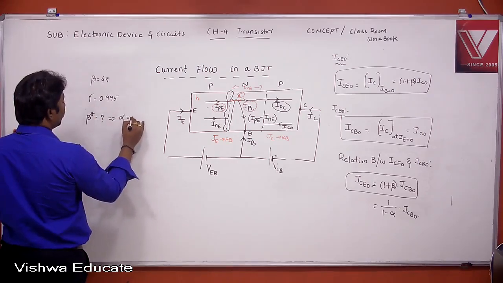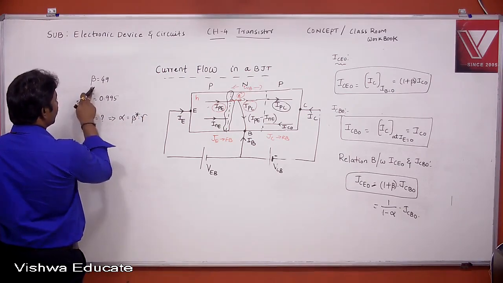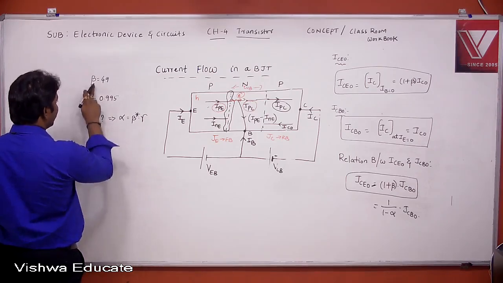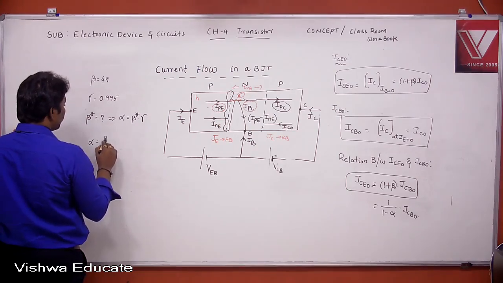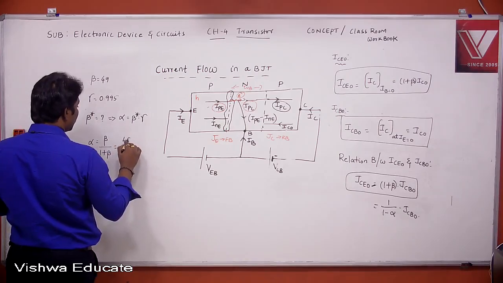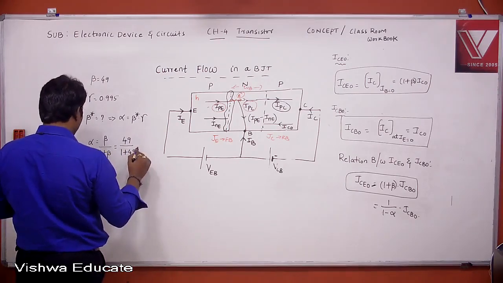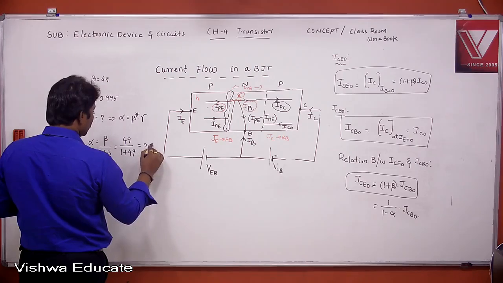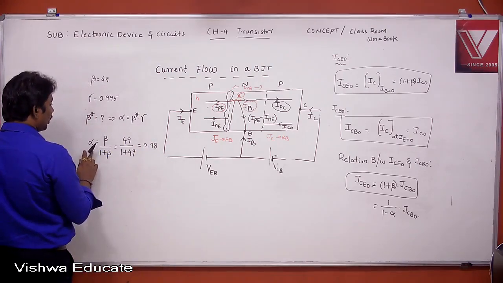Alpha equal to beta star into gamma. But they gave beta, right? First calculate alpha from this beta. We know alpha equal to beta by 1 plus beta. Beta is 49, so 49 by 1 plus 49, which is equal to 0.98.